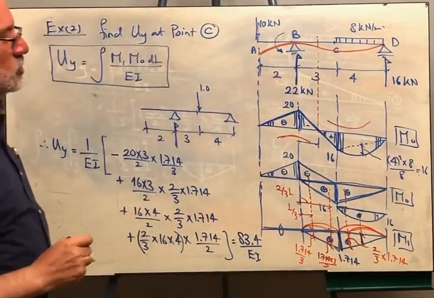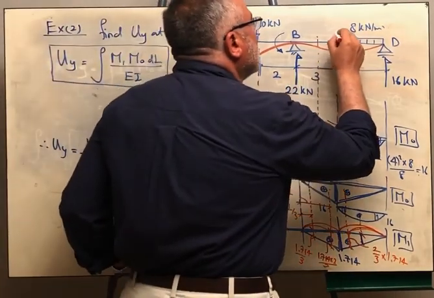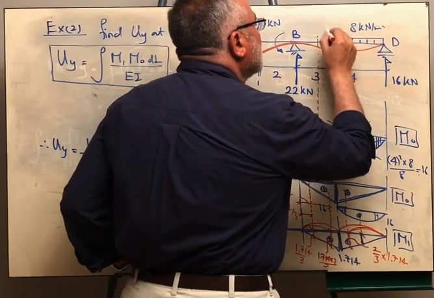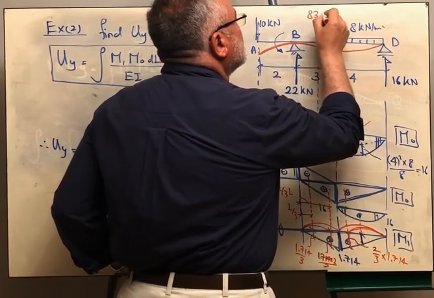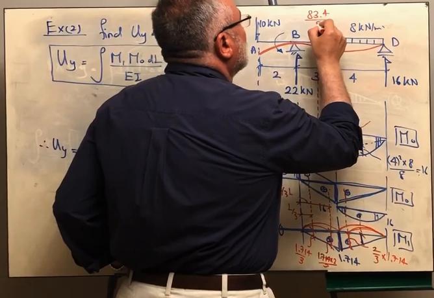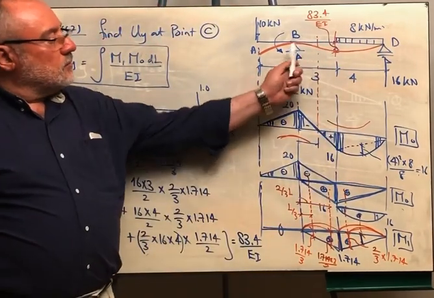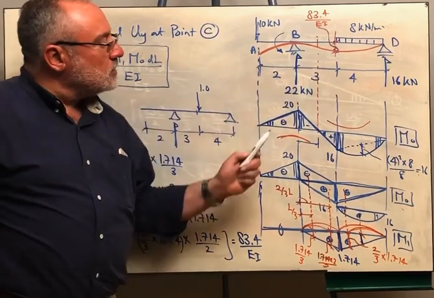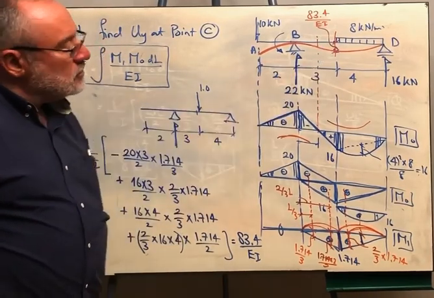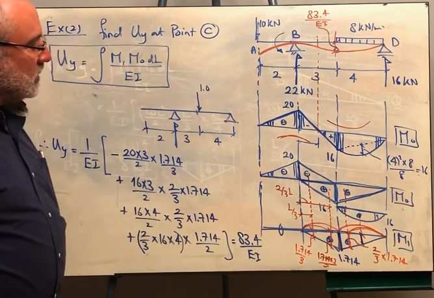Okay, this is the deflected shape. Now we know the exact magnitude of deflection here. This is 83.4 over EI. So not only did we determine the shape of the deflection like in chapter 3, but also we got the magnitude of the deflection at a specific point.